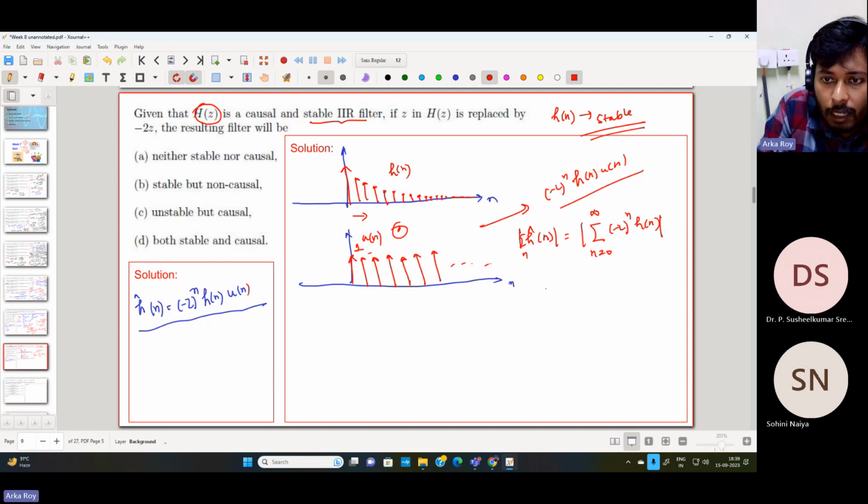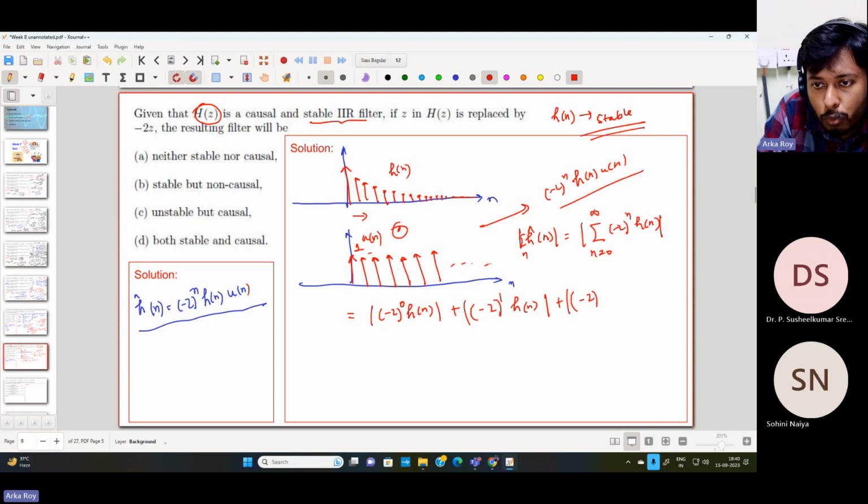So I can break the summation like this. It will be minus 2 to the power 0 multiplied with h of 0. Then I can write minus 2 to the power 1 times h of 1, and minus 2 squared times h of 2. So I can just rewrite these with the corresponding index values also.